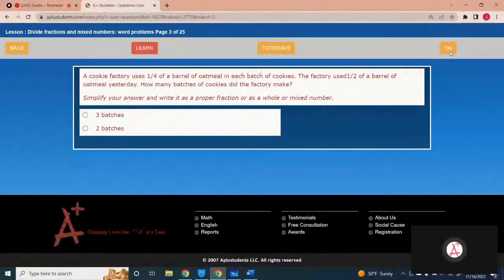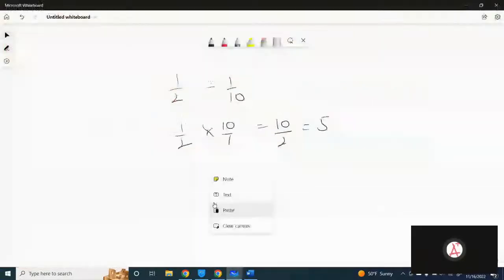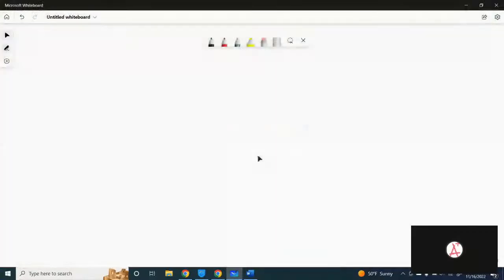How many batches of cookies did the factory make? You have to divide 1/2 by 1/4.